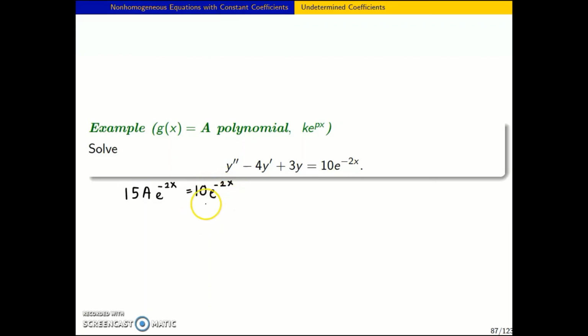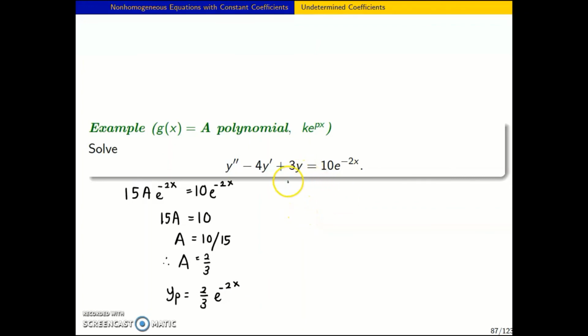Equating the terms is very easy, right? 15A equals 10, therefore A equals 10 over 15, or simplifying, 2/3. With this choice, my yp is 2/3 e to the negative 2x.